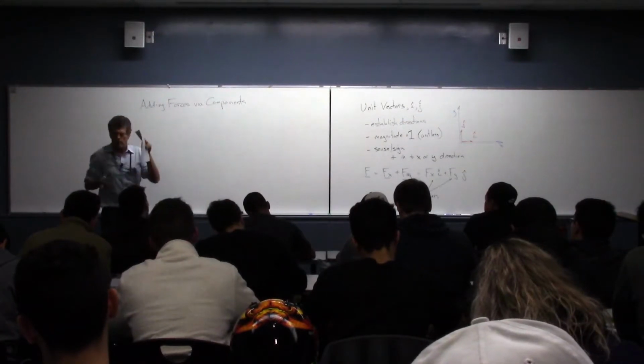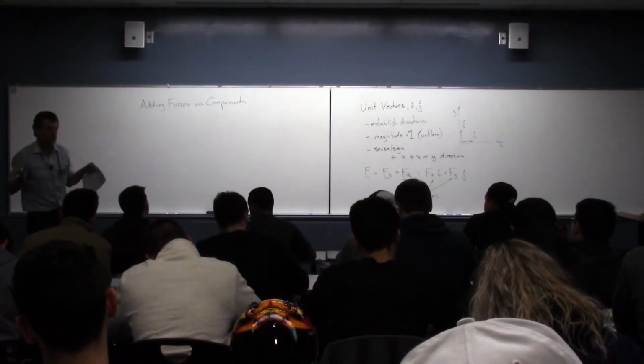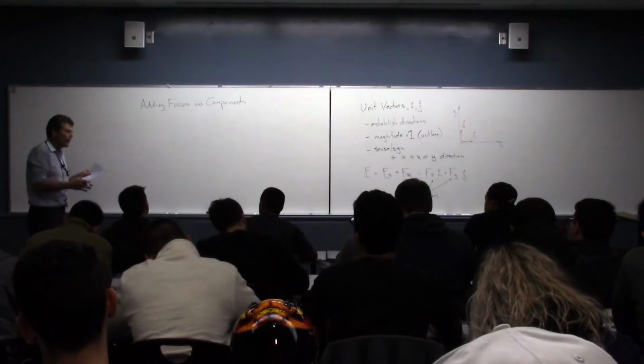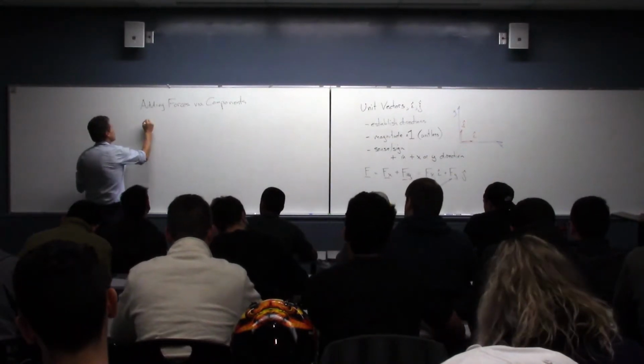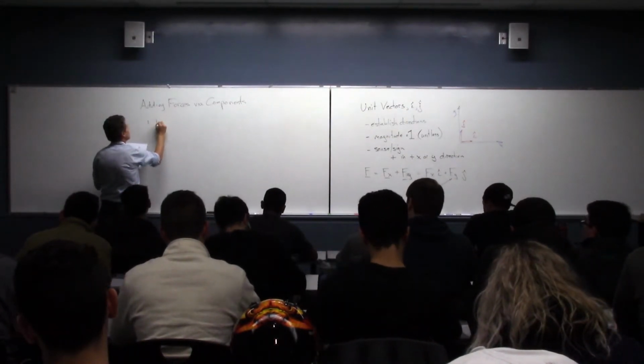We're going to break all of our forces into components and then add up those components, all the i hats, all the j hats. So it'll be a multiple step process.